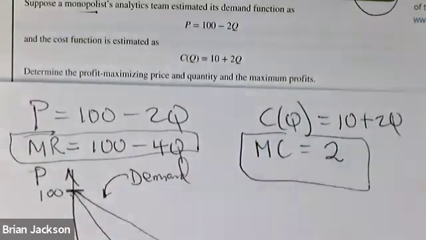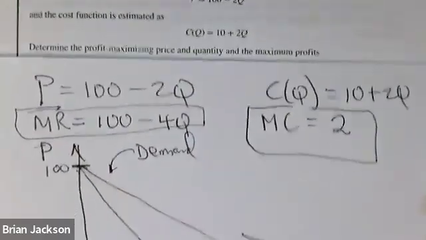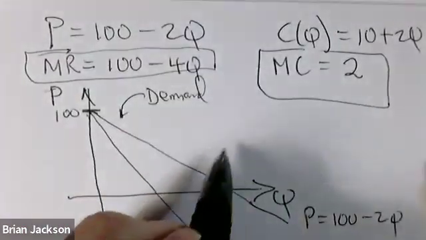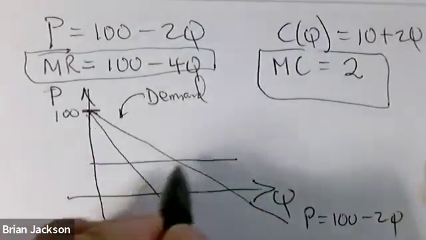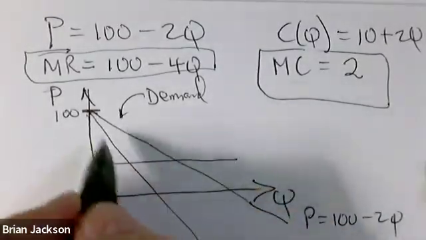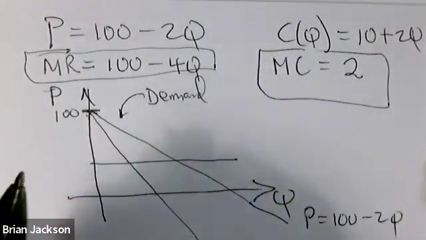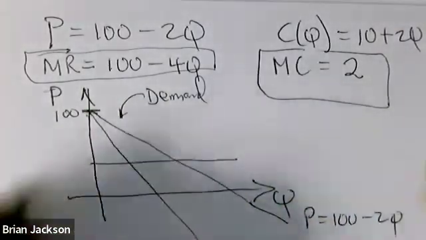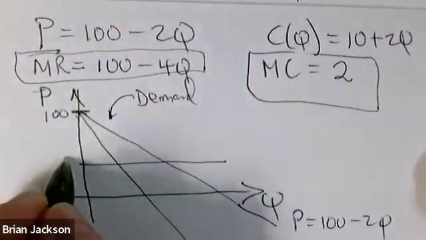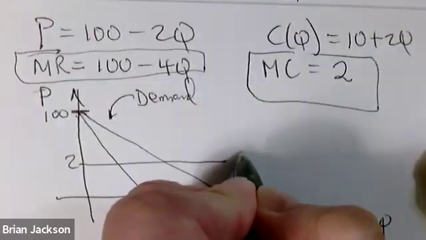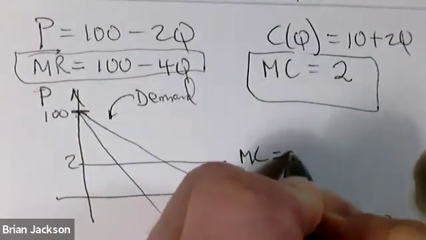So we have a marginal revenue and a marginal cost. And so the marginal cost is simply this horizontal line here. You know, in the real world it's usually an upward sloping U-shaped curve, but we're making things simple here. So we have a cost function that gives us this nice linear horizontal marginal cost curve. Marginal cost is equal to 2.